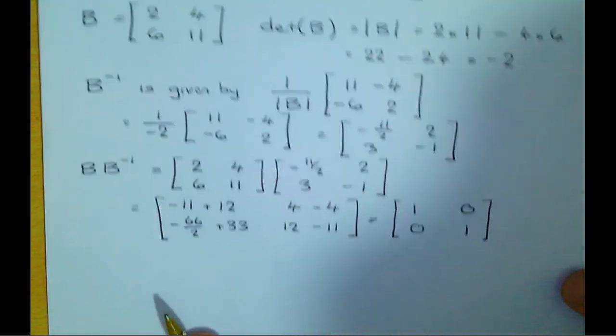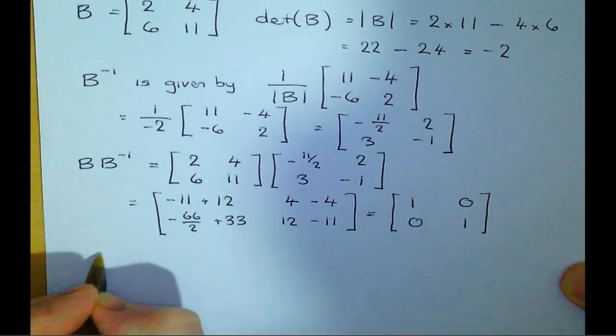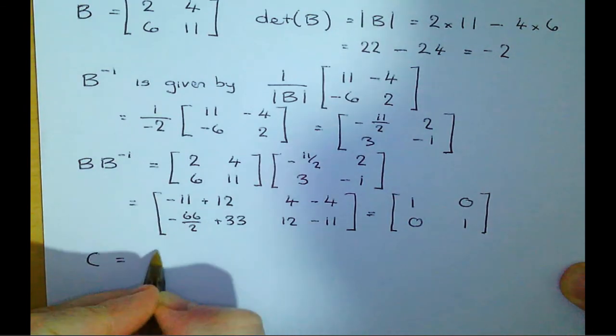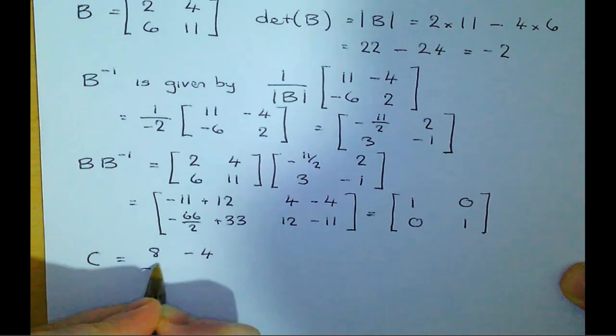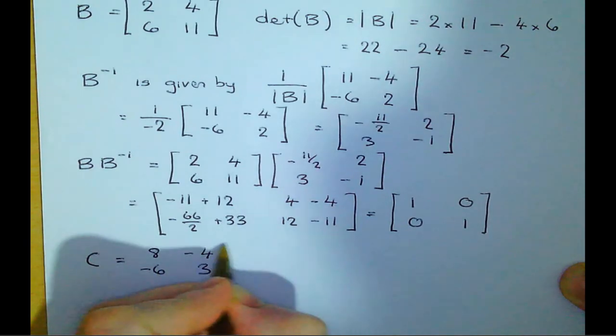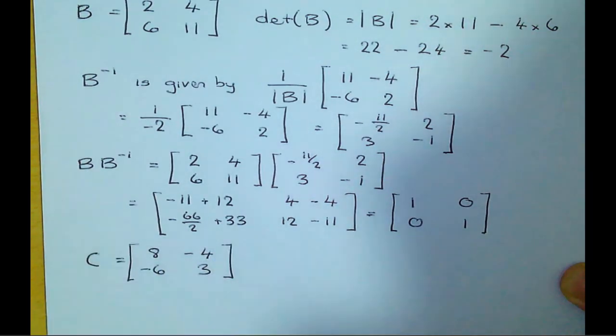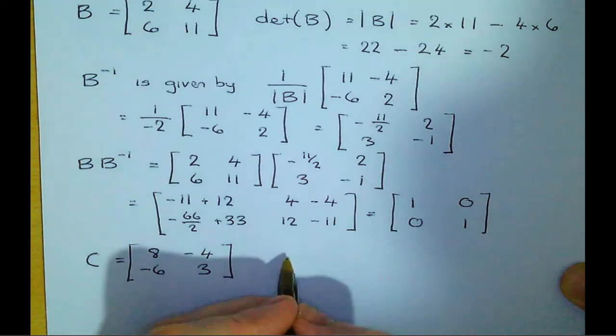Well, one more. Matrix C is equal to 8, -4, -6, 3. So we start off in the same way.